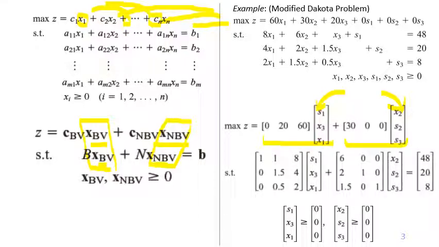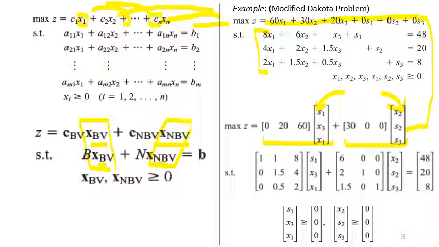If you multiply them, it will just return to this form, really. So 0 times s1, 20 times x3 plus 60 times x1 plus 30 times x2 plus 0 times s2 plus 0 times s3. So it's really just rewriting this row, okay? So you need to convince yourself that this is just rewriting this in the other form.